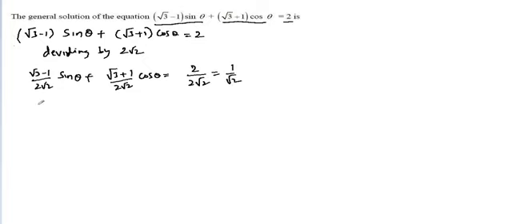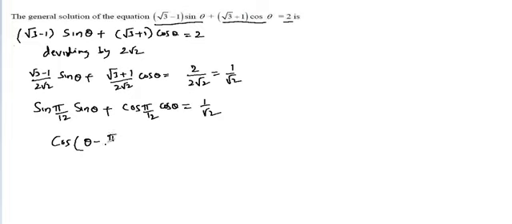Here root 3 minus 1 by 2 root 2, that value is sin 15 degrees, that is sin pi by 12 into sin theta. Root 3 plus 1 by 2 root 2, that is cos 15 degrees, that is cos pi by 12 into cos theta is equal to 1 by root 2. This is cos A cos B plus sin A sin B, that is cos of theta minus pi by 12 is equal to 1 by root 2, which is cos pi by 4.